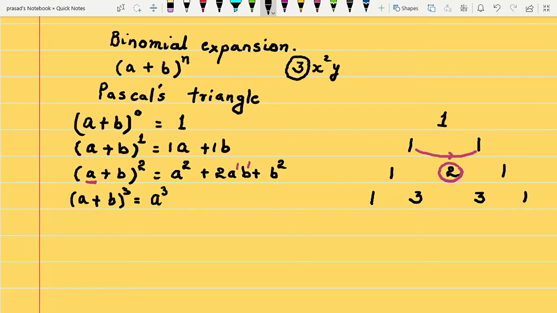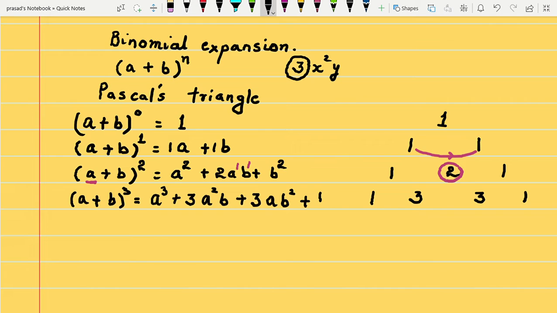Then the next coefficient is 3. I'll reduce a's power by 1, introduce b here. Then the next coefficient is 3. Again reduce a's power by 1, increase b's power by 1. And finally, in the last term, the coefficient is 1.